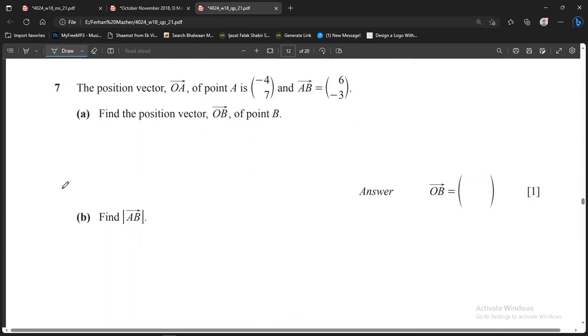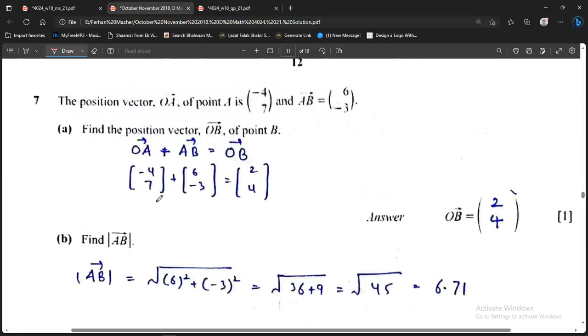You know the famous formula that the OA plus the AB is equals to OB. Just put these values here, you will get the answer. So OA plus AB is equals to OB. So it is -4, 7 plus 6, -3.